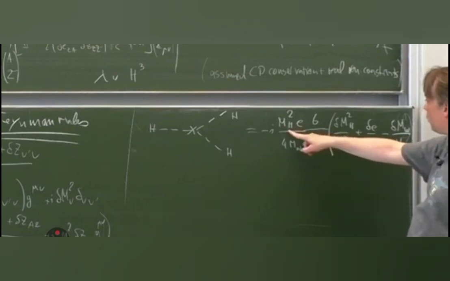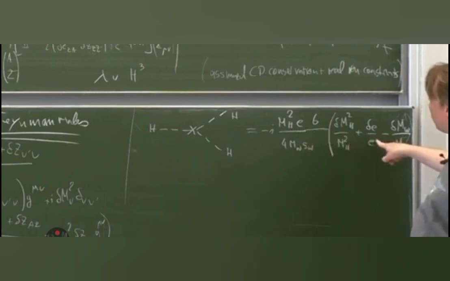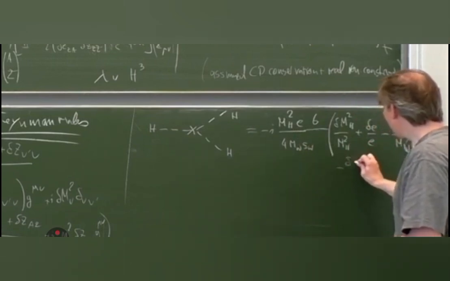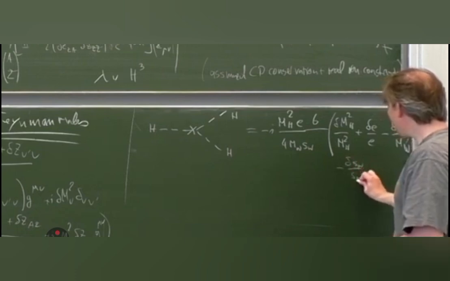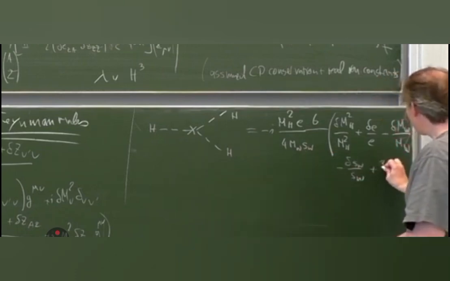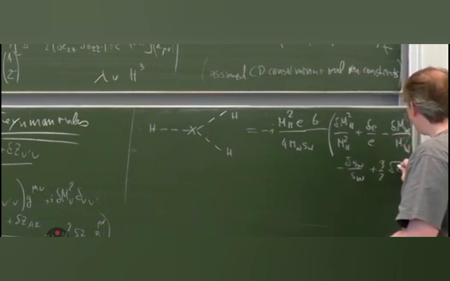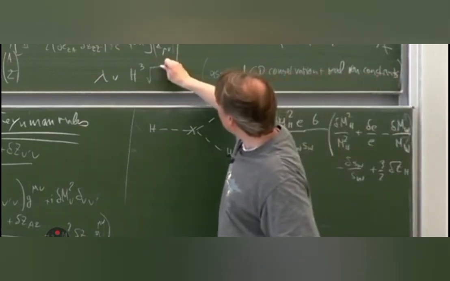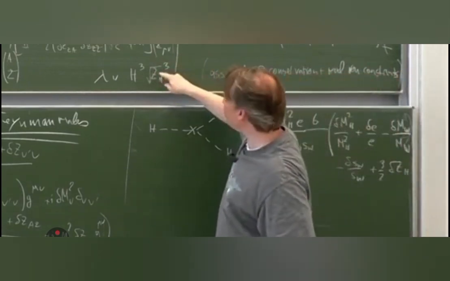Each term gets renormalized in this infinitesimal way. Then it goes on, minus delta SW divided by SW, that is also understandable. Then there comes plus 3 over 2 times delta ZH. That is hopefully also understandable because we had the factor square root of ZH to the power 3 and the variation is 3 over 2 delta ZH.